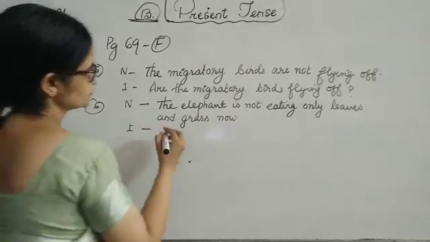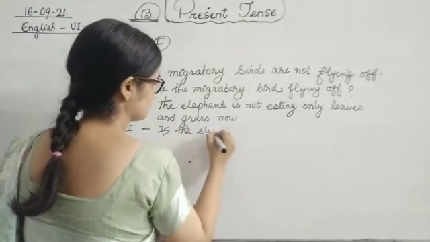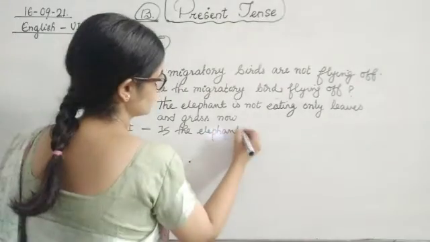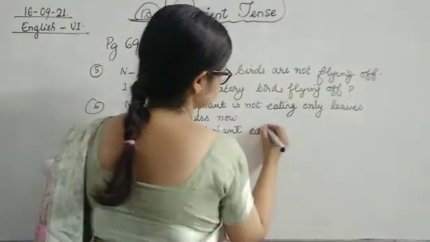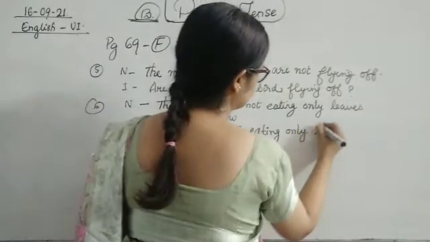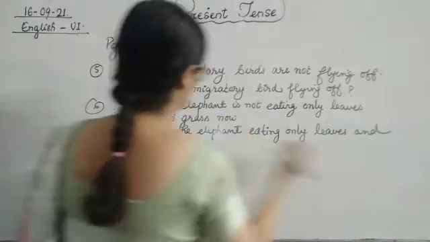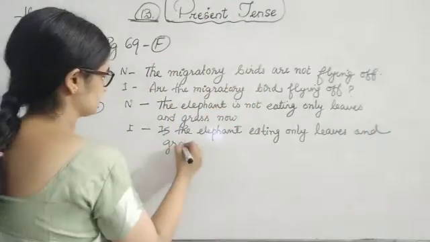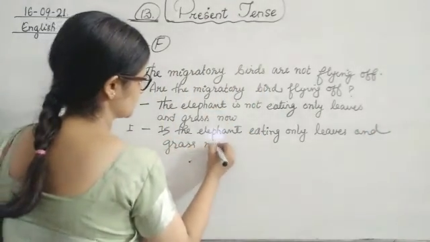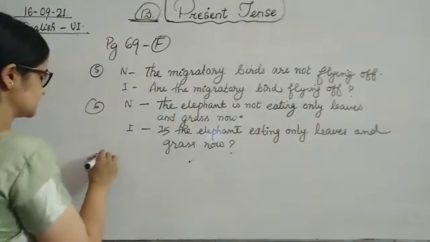Interrogative. Is the elephant eating only leaves and grass now? Question mark, and here will be a full stop. Now number 7.